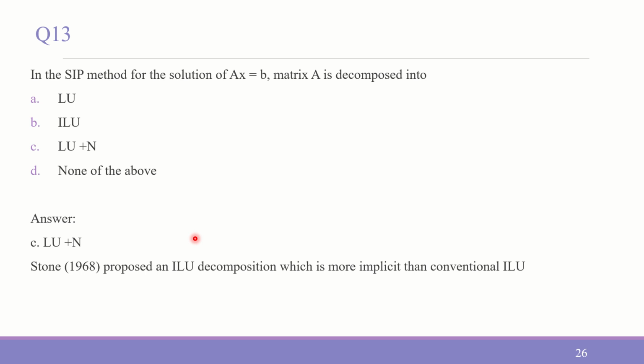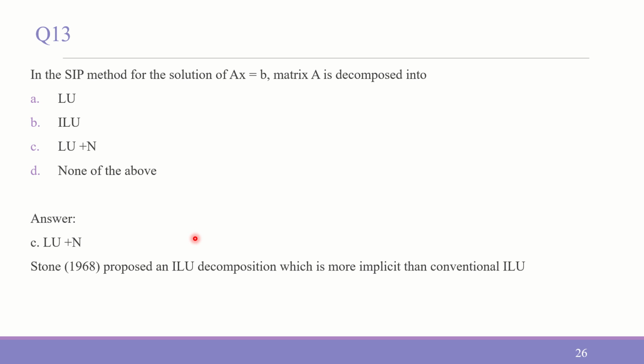So in order to make the decomposition relatively easy to perform, Stone's implicit procedure was introduced. Here, Ax is equal to b is put in the form M into phi at k plus 1th iteration equal to N into phi at kth iteration plus b.